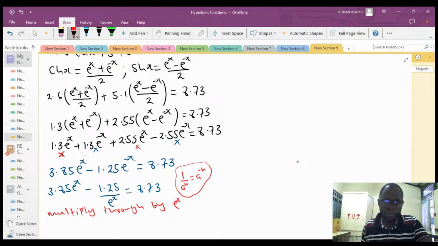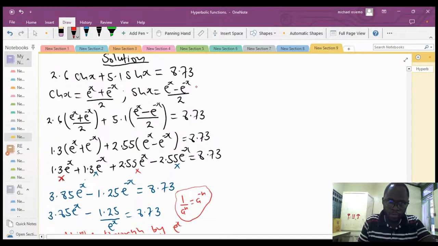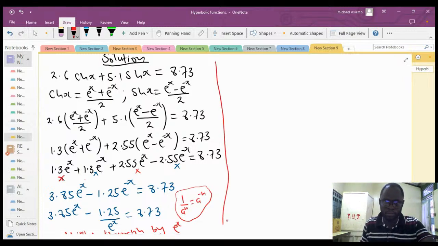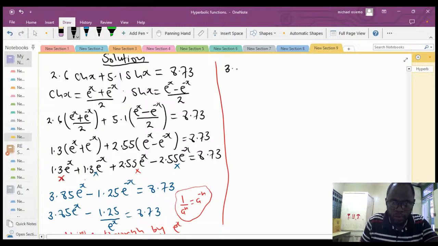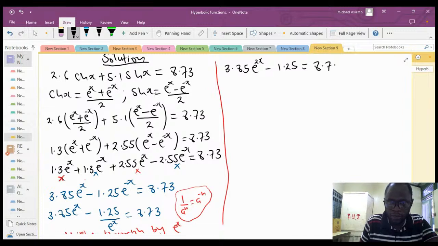So what are you going to have? We shall have 3.85 exponential 2x minus 1.25 is equal to 8.73 exponential x, like that.